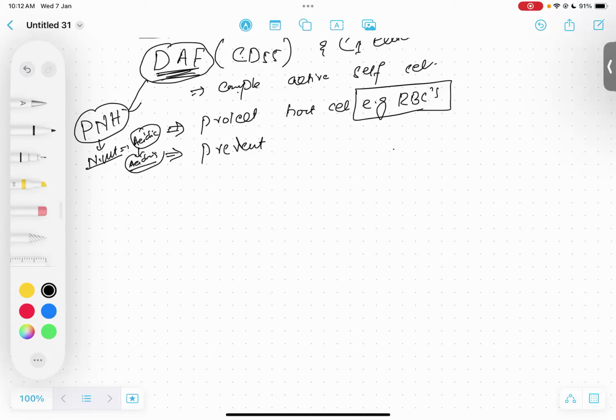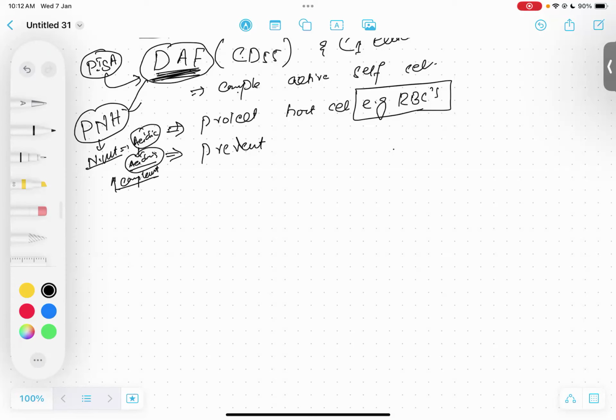In acidosis, the complement system is increased, and this complement system will then cause lysis of RBCs. When they wake up in the morning, their urine will turn black. This is called paroxysmal nocturnal hemoglobinuria, which occurs in this patient because they have a deficiency of a specific gene called the PIG-A gene, which acts on this DAF.